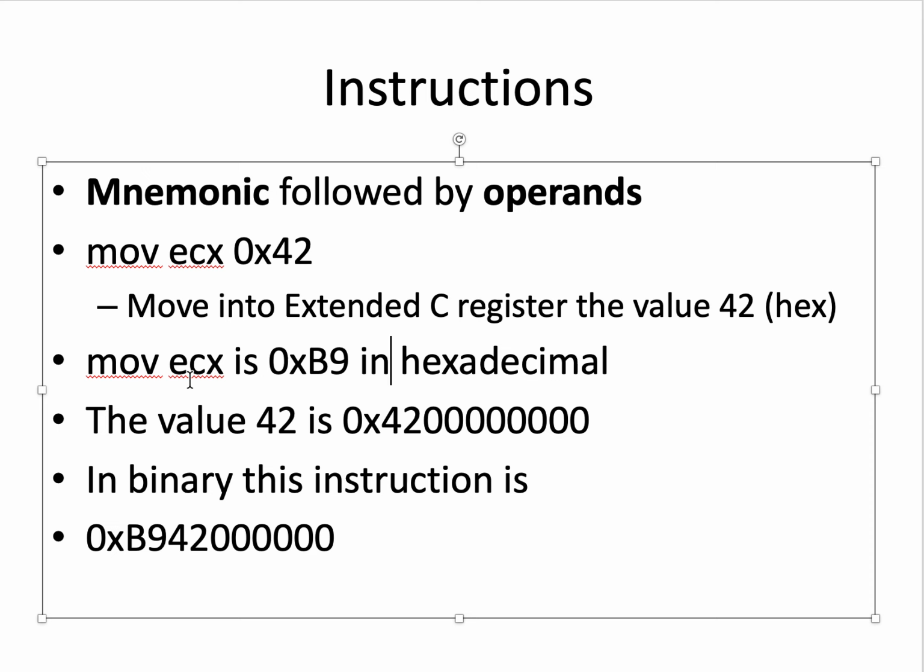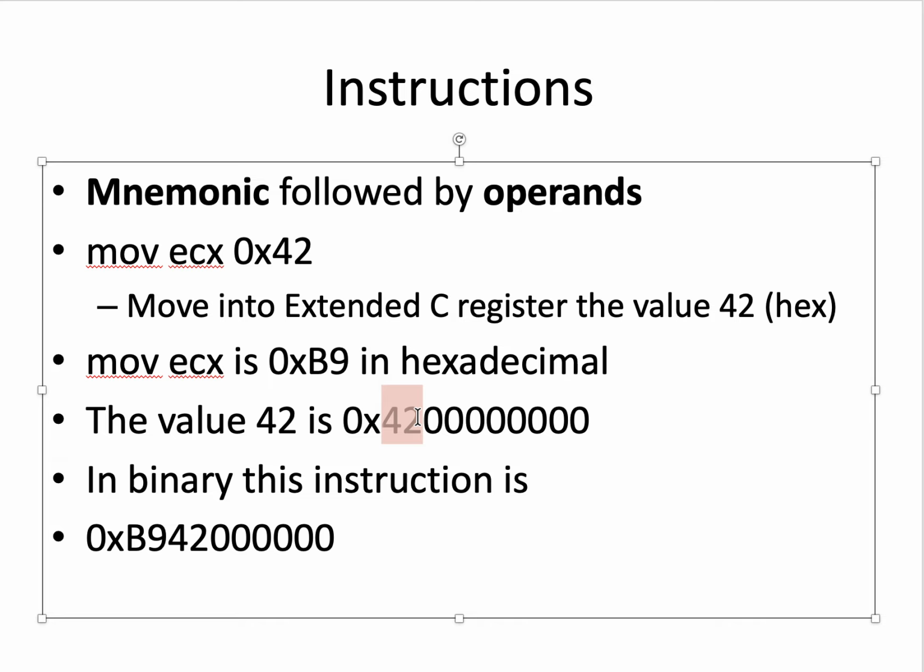So if you break this down into zeros and ones, you could represent it as B9. And just so you know, I purposely avoided mentioning 0x, I just said B9, because 0x is just telling us that B9 is in hexadecimal. Okay, now the value of 42 is 0x42 right here.